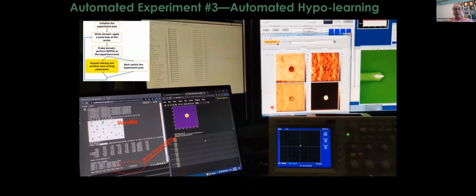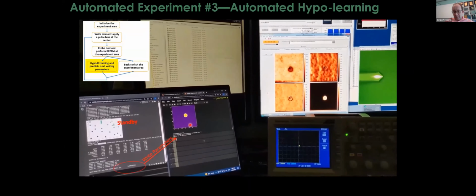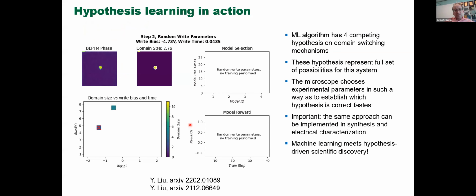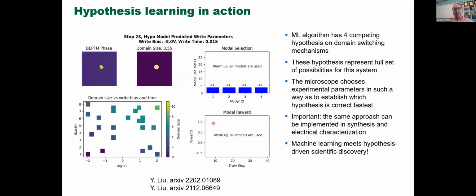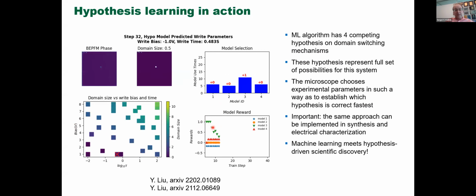So you have the autonomous machine learning agent that tells the microscope what to do. In the interest of time, let me just show you the process. This is our parameter space, the time and the bias pulse magnitude. You can see that we explore it, and then our microscope starts to compare the different models and figures out that model number 3, meaning the domain wall pinning, is actually the correct one.